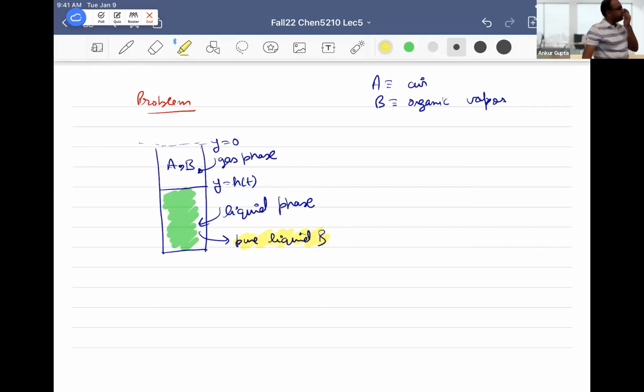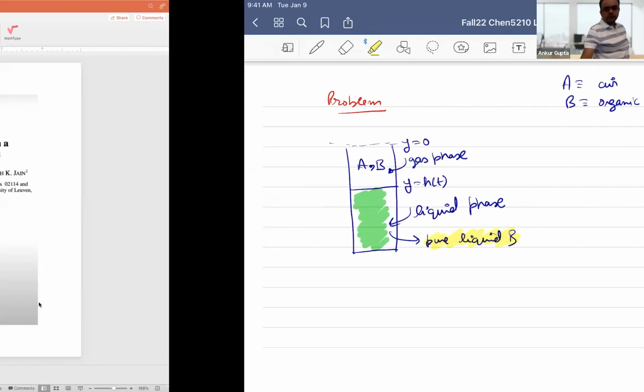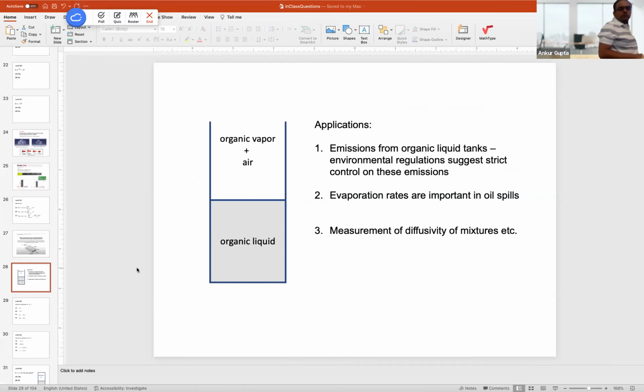Why is this interesting? Even though this looks like a simple problem, it actually informs design for emissions from organic tanks, which is increasingly important in terms of environmental regulations, such as very strict control on design, right? If you have an open tank of organic liquid that is evaporating, it can inform how much emissions are coming out of it.